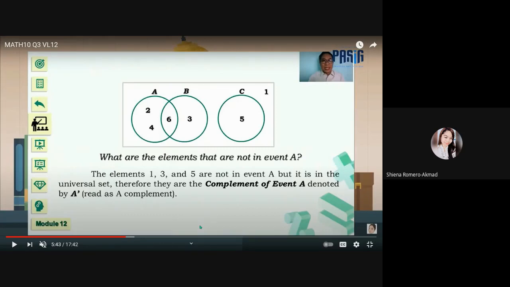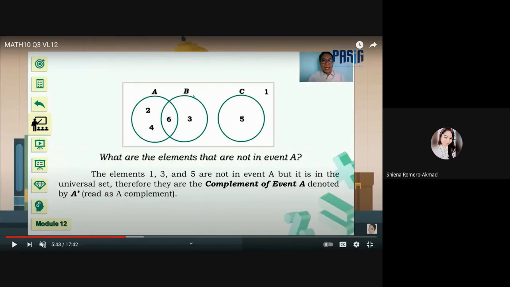Yung complement na tinatawag, depende siya kung anong event yung hinahanap. Tulad nito, complement of event A ang hinahanap natin. It is represented by capital letter A and a symbol to show that this is a complement. So, binabasa natin siya as A complement.